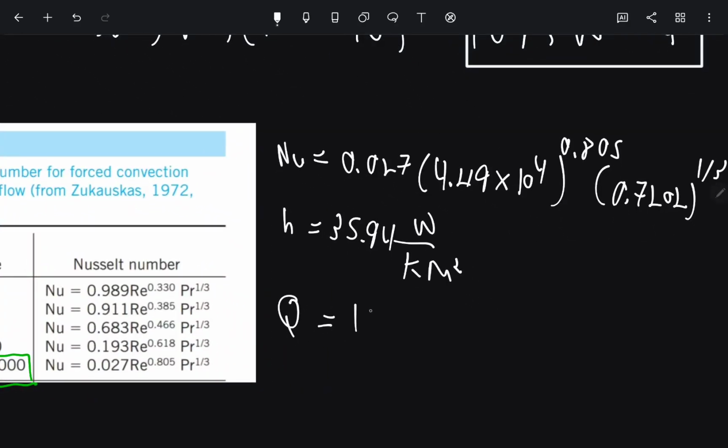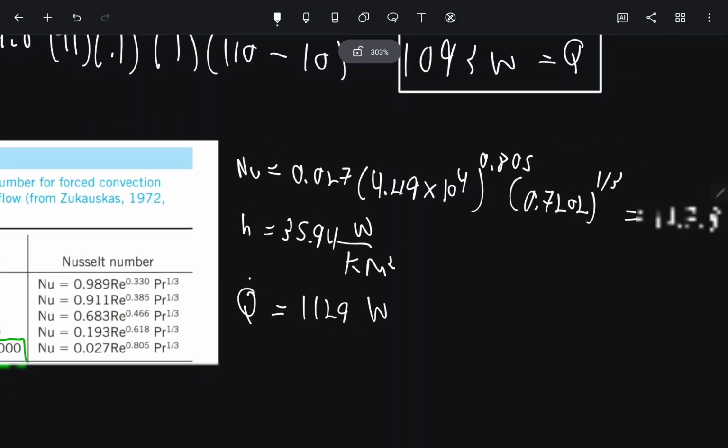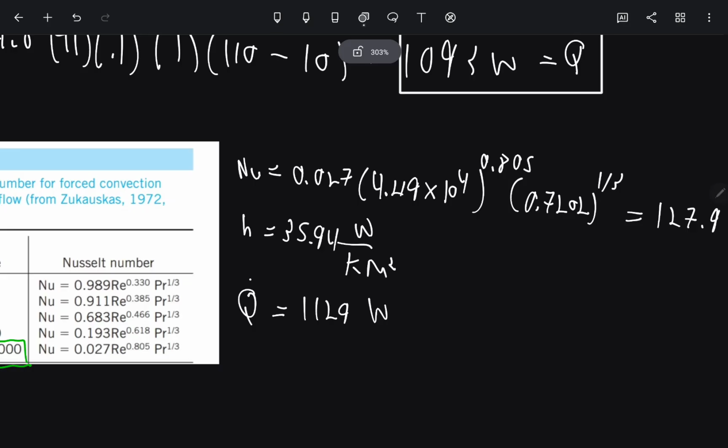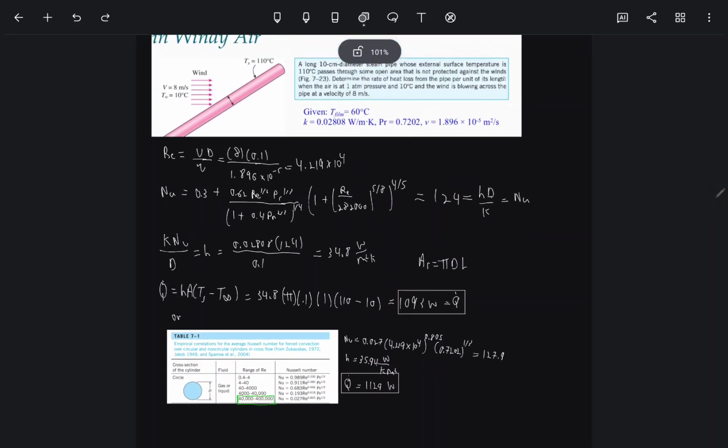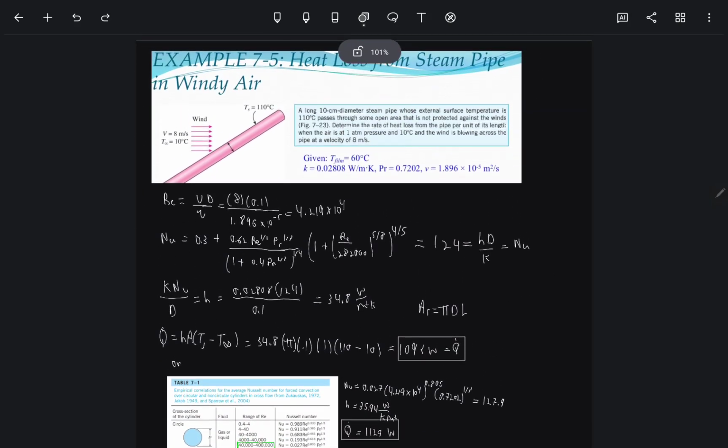We get 1129 watts, which is fairly close to our other estimate for the rate of heat transfer. So two ways to solve this question for heat loss through a pipe.